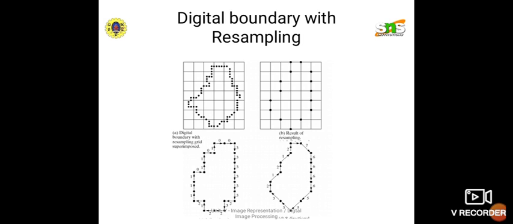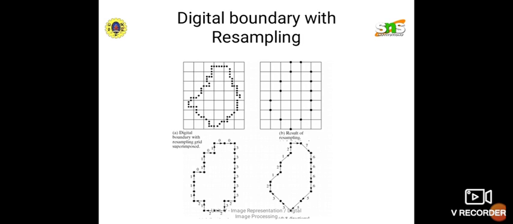In order to avoid that, we downsample the given boundary samples. Downsampling reduces the number of samples. In the second figure, the number of dots, which are the samples, has been reduced, which requires only a few values to represent the boundary.